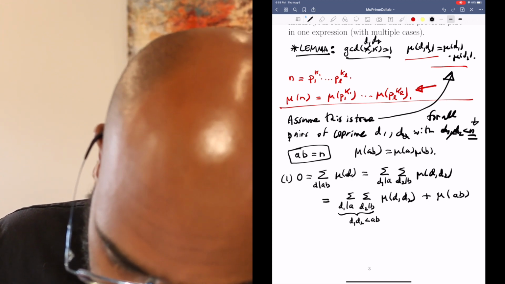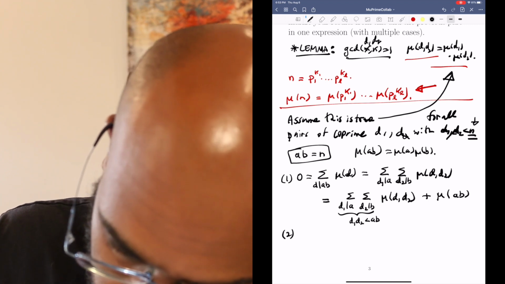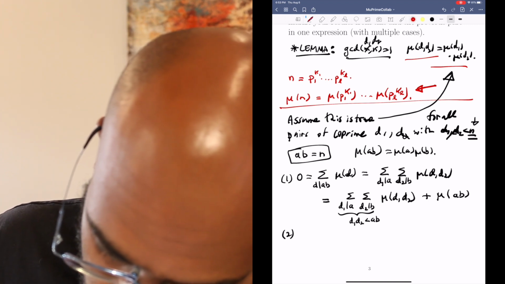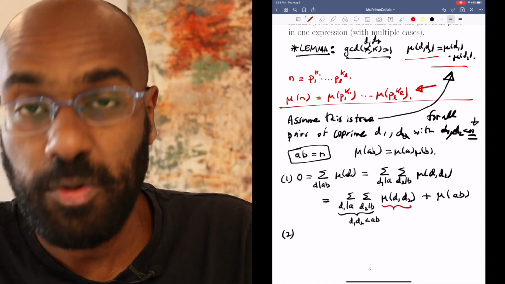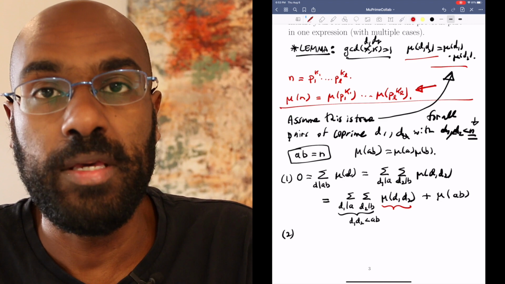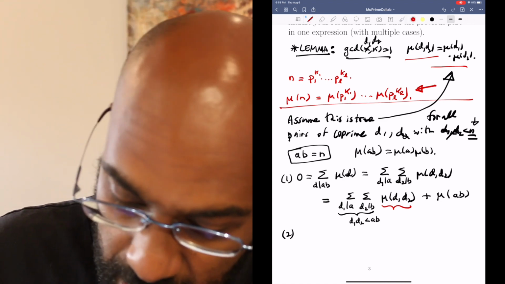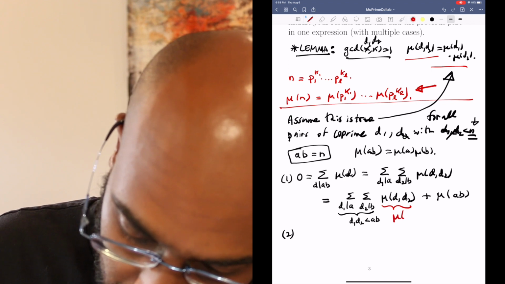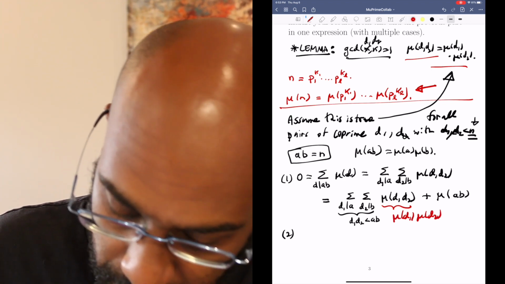Well, if we look at this expression here, this is mu of a product of two things, d1 and d2, where d1 is a factor of A and d2 is a factor of B. But A and B have no common factors, so that means d1 and d2 have no common factors. So by our inductive hypothesis, this is actually mu of d1 times mu of d2.